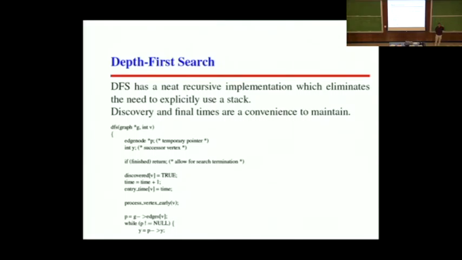If I change that queue to a stack, woof, I've got depth-first search. Okay? In some sense, the only difference between a breadth-first search and a depth-first search is whether I store these things in a queue, which pulls out the oldest vertex first, versus a stack, which pulls out the newest vertex first. Does everybody see that?